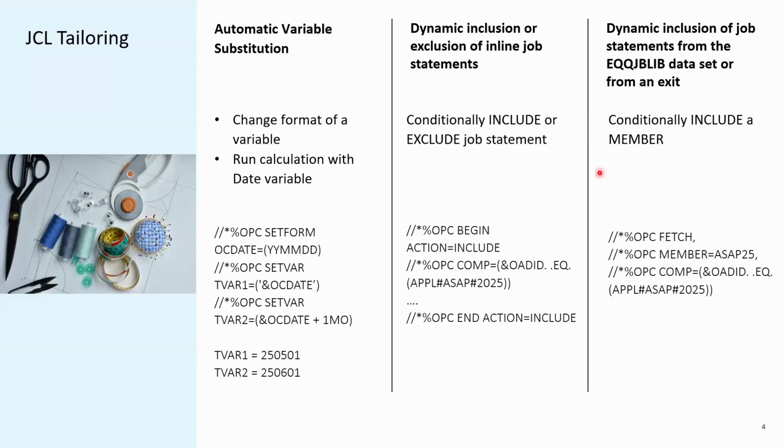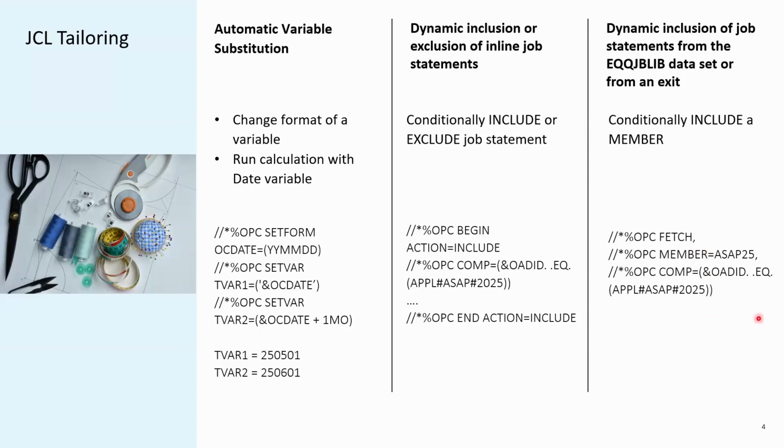In the third example, we can see the FETCH directive. That directive is used to dynamically include lines in your job, either fetched from a PDS member or supplied by an exit. And in this example, we'll fetch the ASAP25 member if the evaluation statement again is true, where the application name is equal to ASAP 2025.